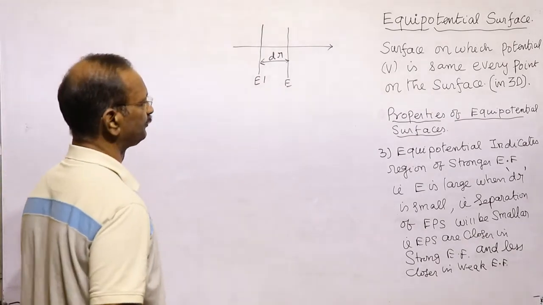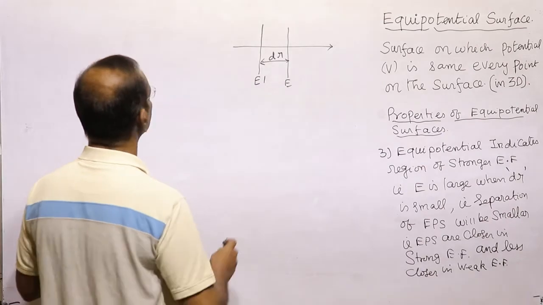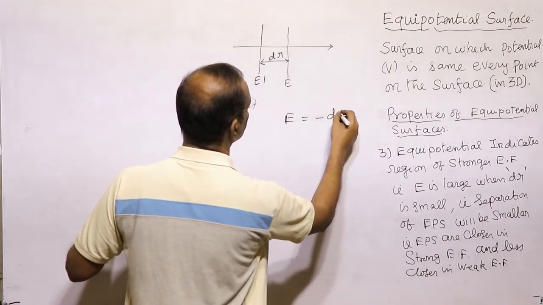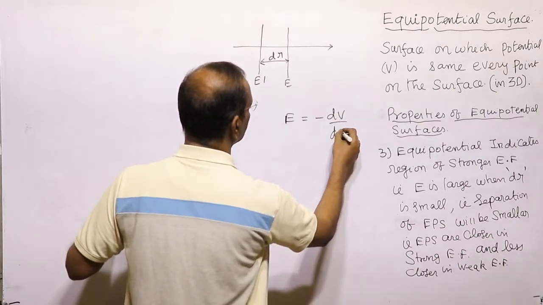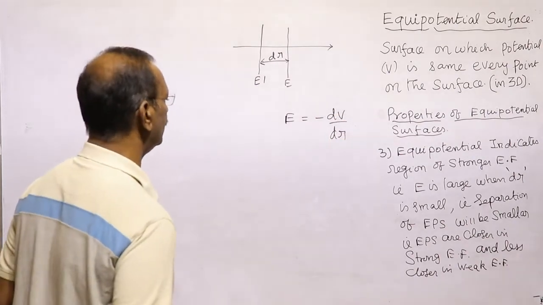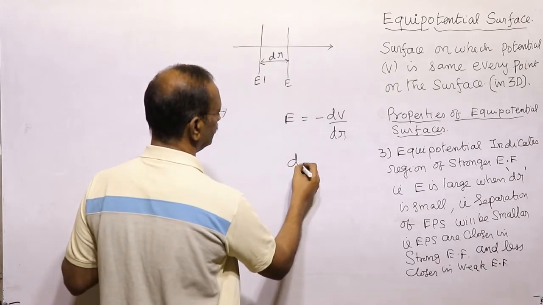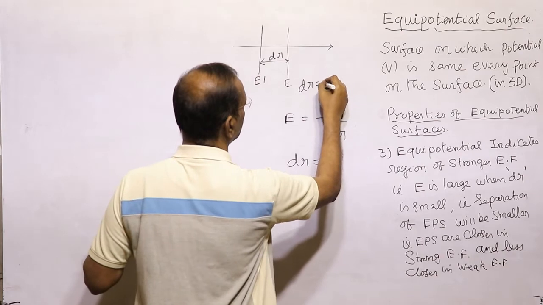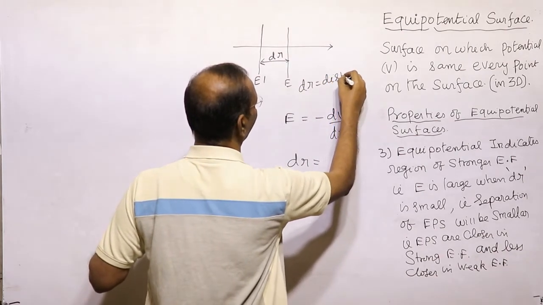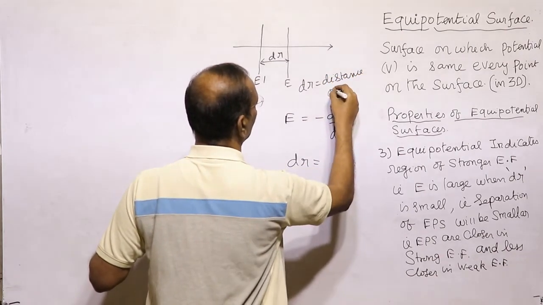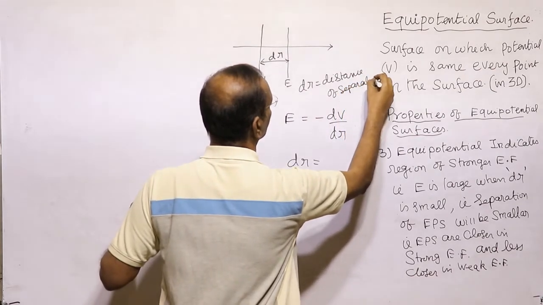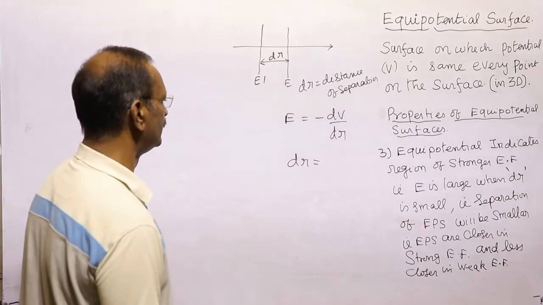equipotential surfaces. We have seen that E is equal to minus dV by dr. This relation always comes everywhere, or we can write it in terms of dr. That is, dr is equal to the distance of separation between two equipotential surfaces.